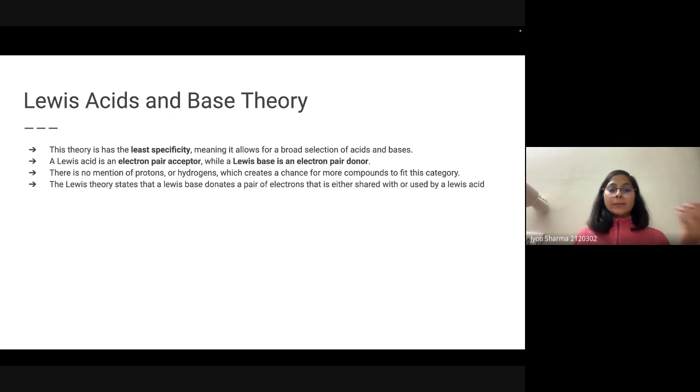Lewis didn't mention protons or hydrogen, so more compounds can fit into this category. That's why the Venn diagram gives you the clue that this is a more comprehensive definition, given by Lewis, as compared to Arrhenius and Bronsted-Lowry.